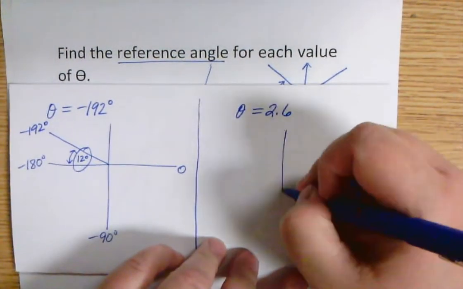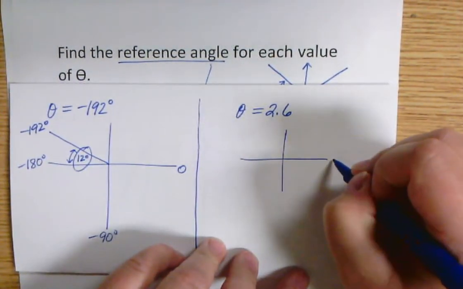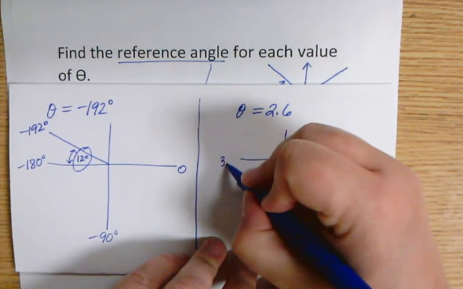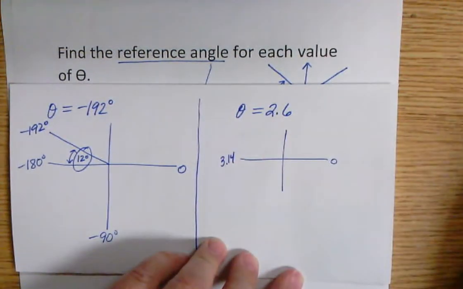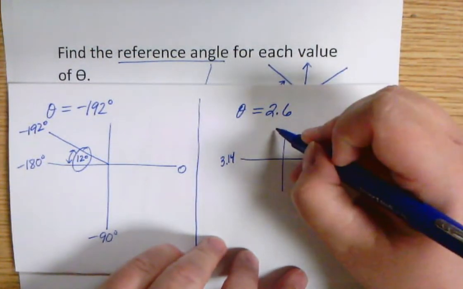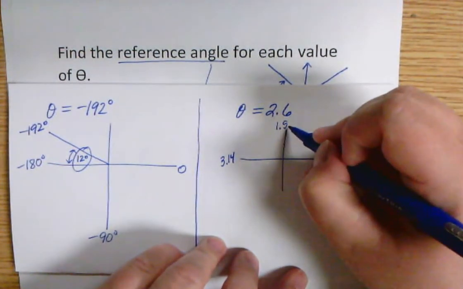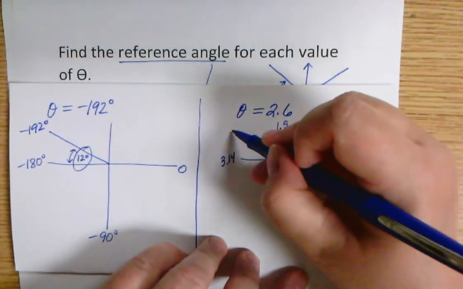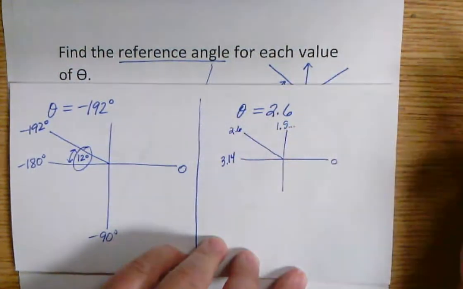Think about where we are here. It's positive. Pi is 3.14. This is half a pi, and half a pi is going to be 1.5 something. So we're in this quadrant, and that's really what matters: what quadrant am I in?